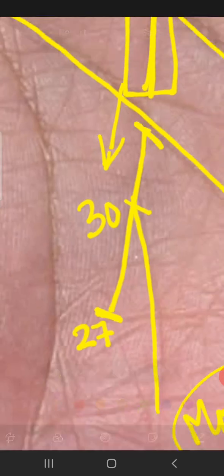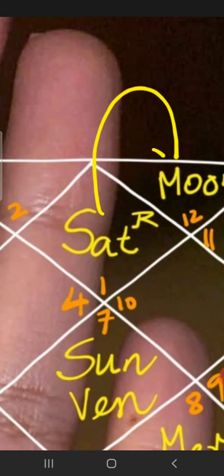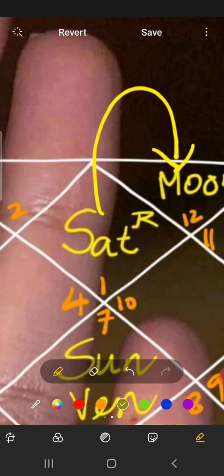Now, if you look at the chart, I told you that Shani moves towards the moon, correct, in the retro, vakri direction. Shani takes 30 years to complete one cycle.